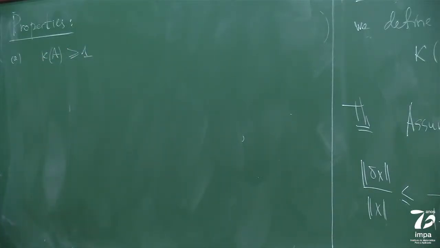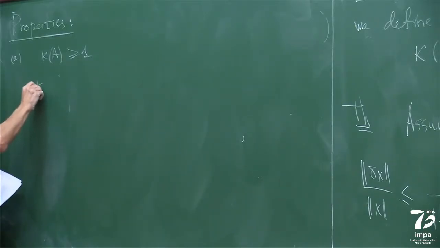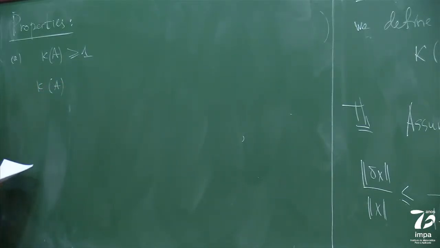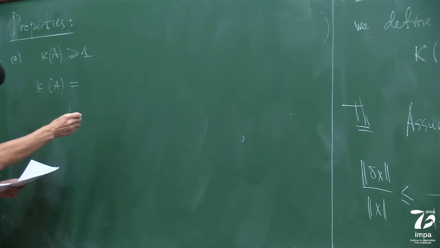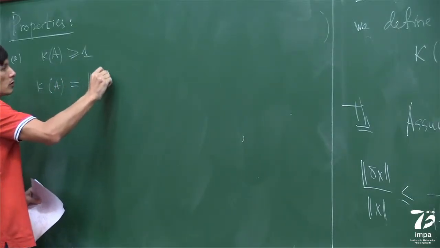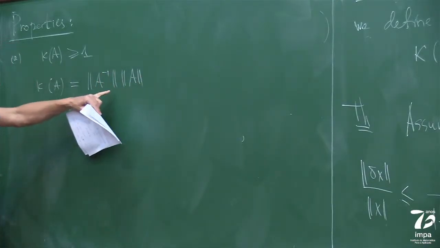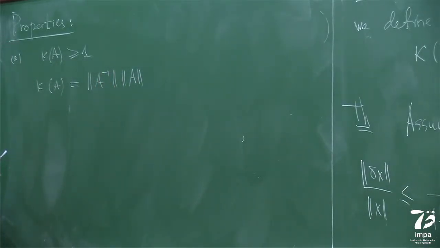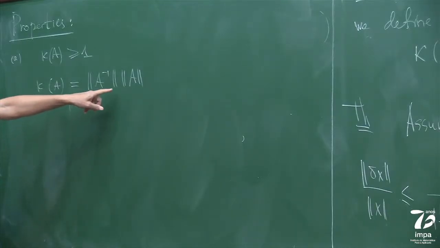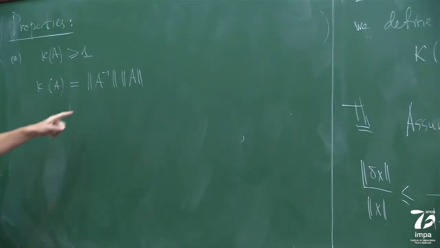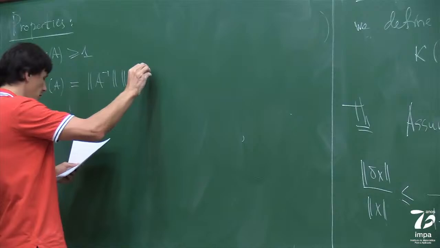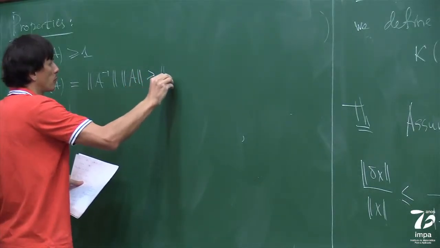This is simple, because kappa of A by definition is norm of A inverse times norm of A. The norm of the matrix has the property that it is bigger or equal than the norm of the product.